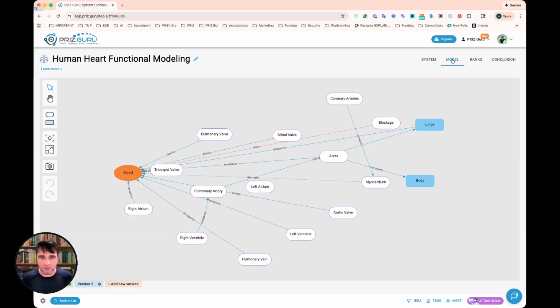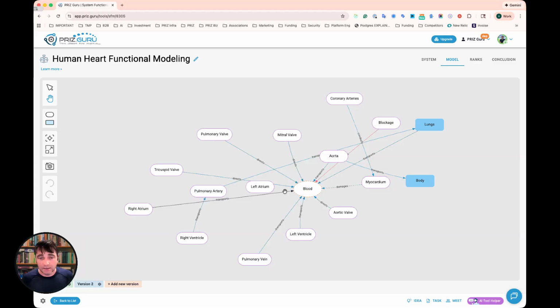That was the decision of the LLM. Now, what the LLM did with a heart under heart attack, it brought something that's statistically significant enough to describe a heart attack because we didn't provide any details.